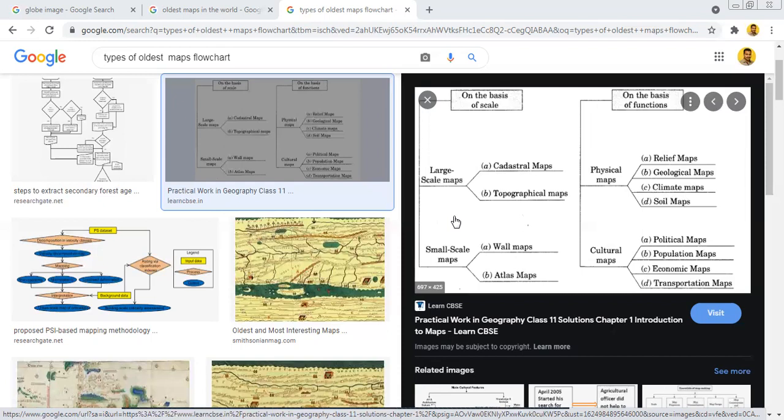So how the maps evolved, that is more important. There is a big history behind the maps.